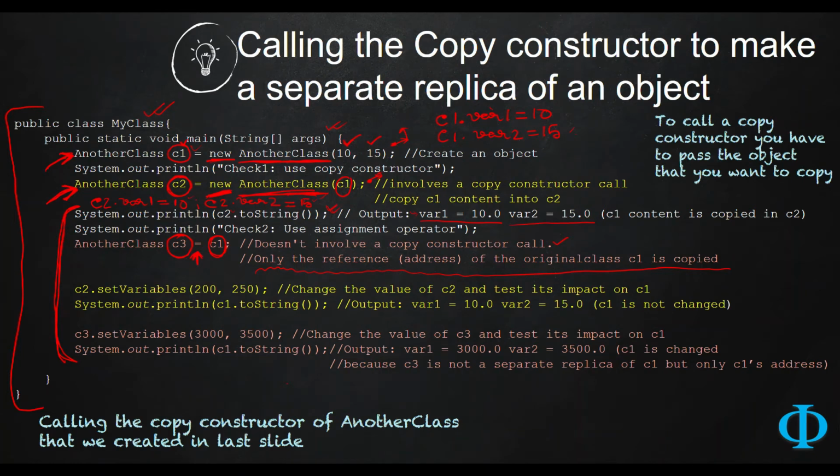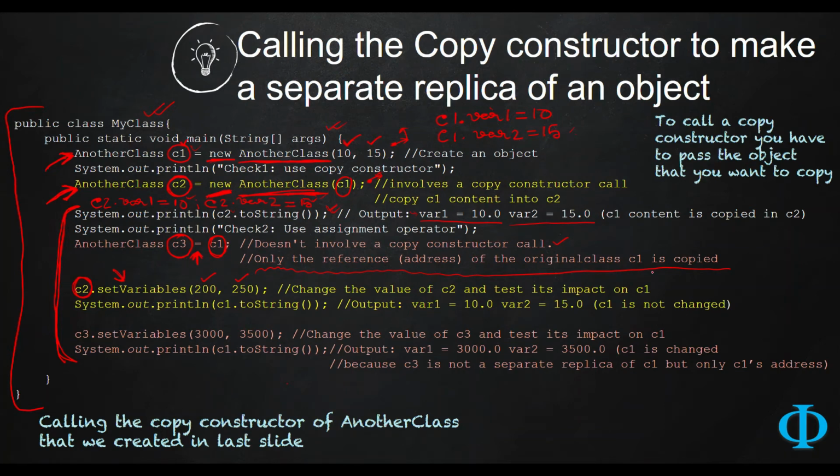In order to prove that, first I am taking C2 under consideration. I am setting the variables of C2 to an entirely different value, from 10 and 15, which it got from C1, to 200 and 250.